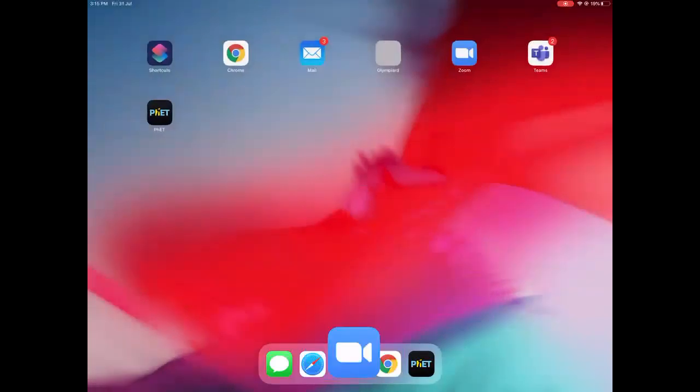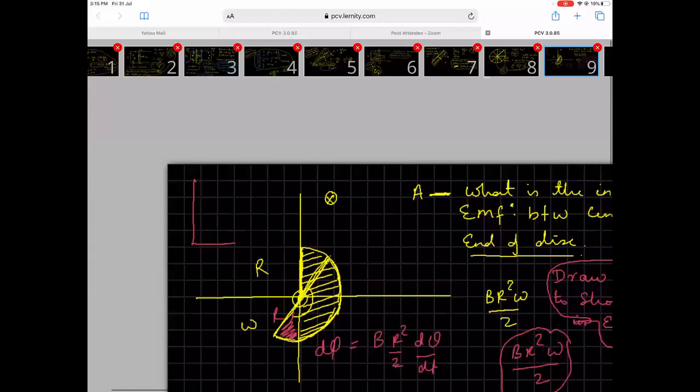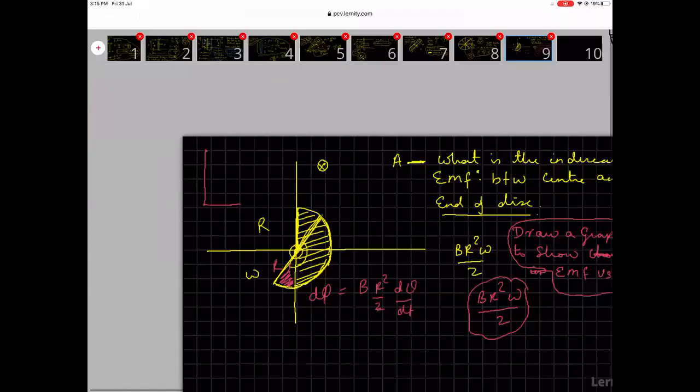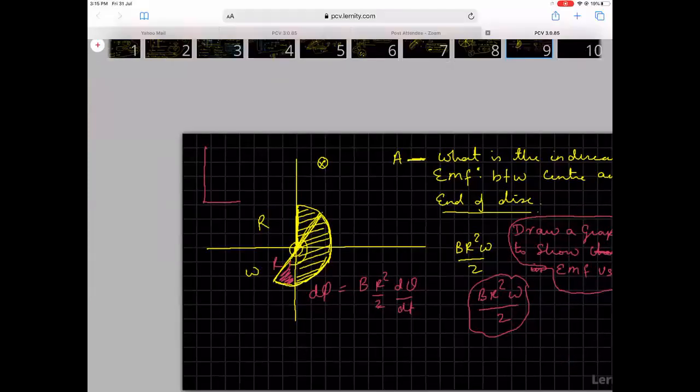When you draw the graph, understand now flux is decreasing. So d phi is negative, so minus d phi by dt will be positive. So the flux will be like this. But a stage will come when it is like this. Now when it is going in, d phi will be positive, so now there will be a negative EMF. So the diagram of EMF versus time will look like this.